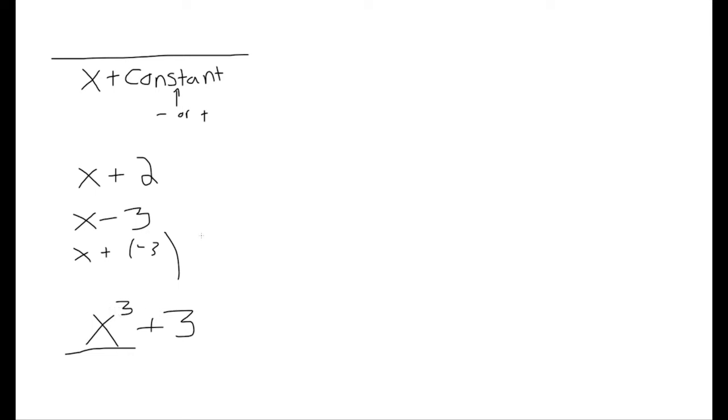So basically, it has to be just an x, no coefficient, no exponent. If it was like 3x plus 3, that wouldn't work either. Again, it could work if there was a power, but there would have to be other certain things present in the problem for it to work, and those can be a little bit difficult to identify.